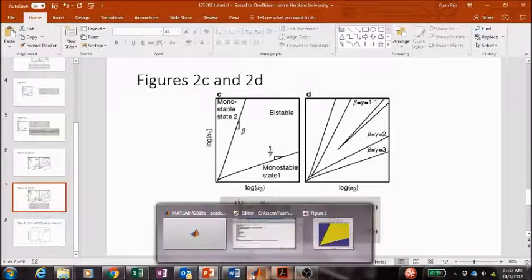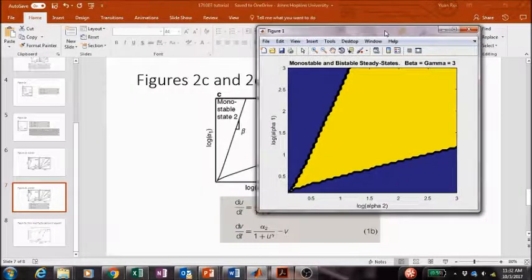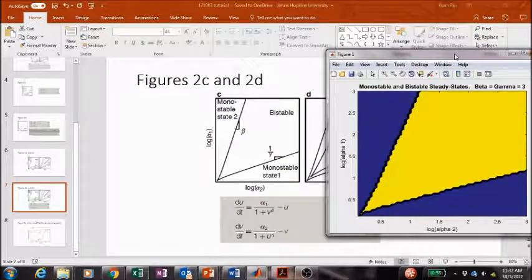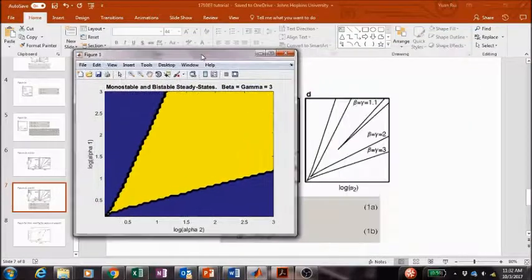Actually, this is supposed to be exactly the same as figure 2C. So it should be this outside curve right here. So again, you're just going to generate two more curves. You're going to generate this one and this one, following the same strategy here.